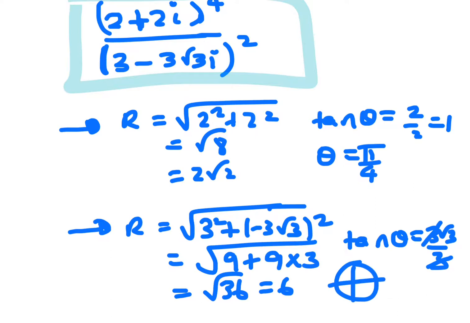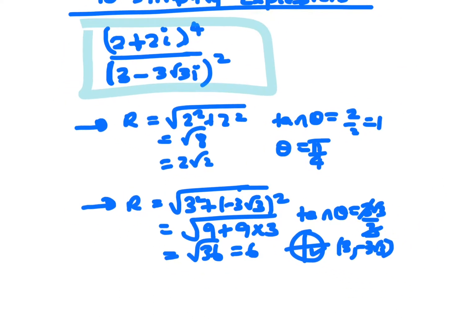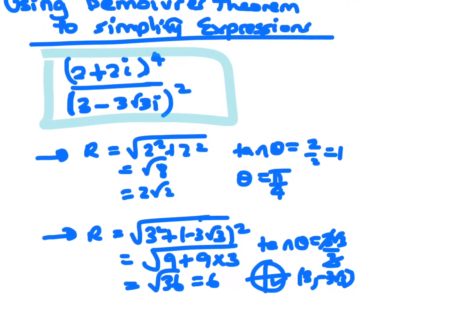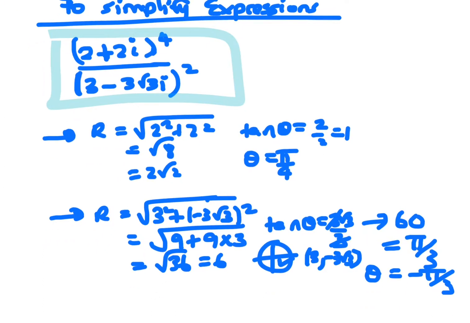And it's going to be in that quadrant there because it's 3 and minus 3 root 3. So because it's in that quadrant, that means it's going to end up being like minus theta. So tan is equal to root 3 at 60, so it's going to be pi on 3. So theta is minus pi on 3.